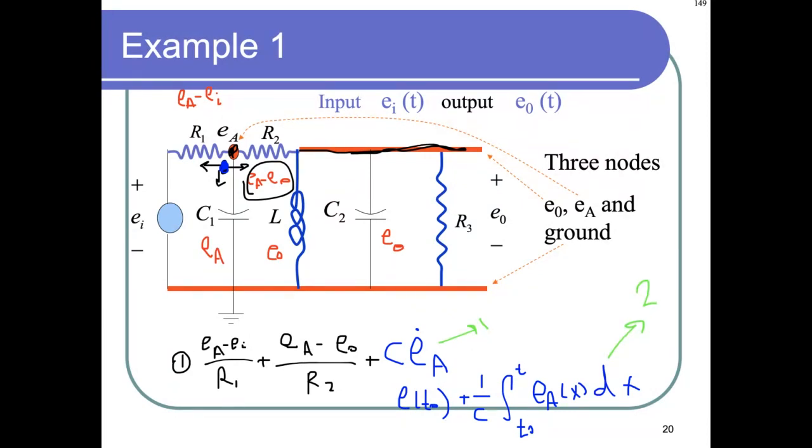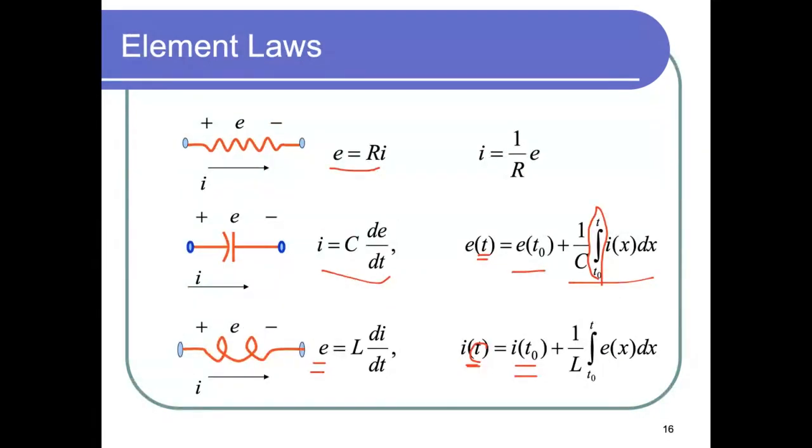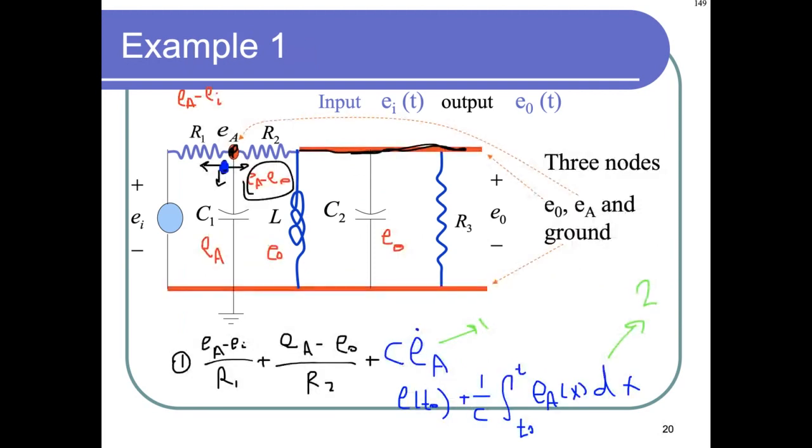Let's go back. The current through the capacitor is C dE dt. The voltage itself is E T naught plus 1 over C, the integral of I. So even if it's the other one, it's also wrong because this is an integral of I. So we will erase what's not correct.